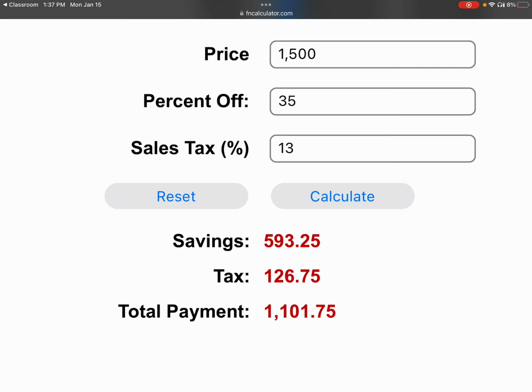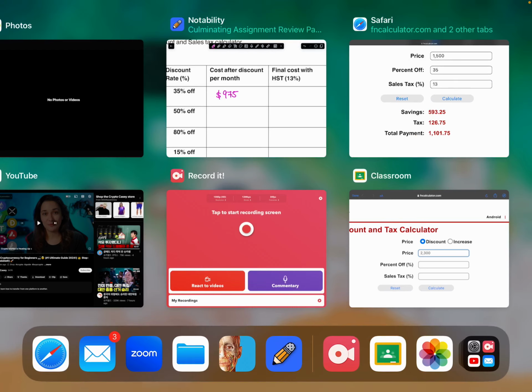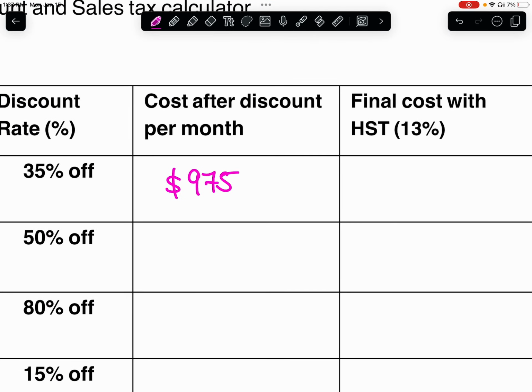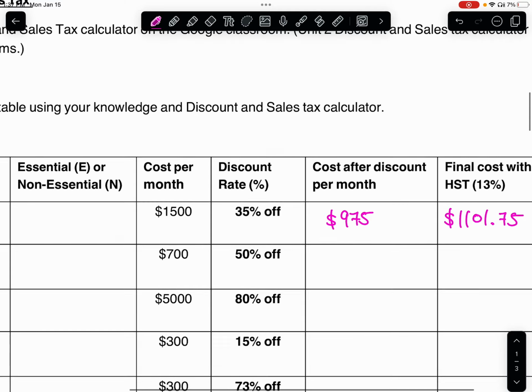We just need to put the sales tax of 13% again, and it does calculate everything for us. So the total payment, including tax in this case, is $1,101.75. That is it basically.